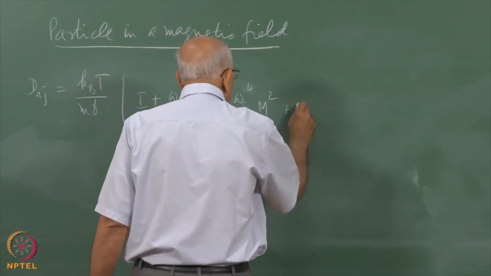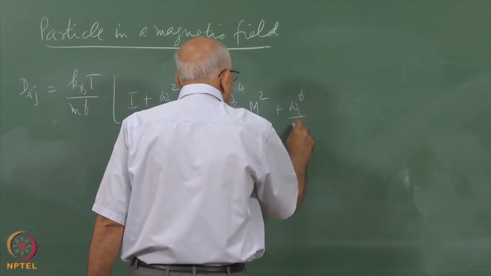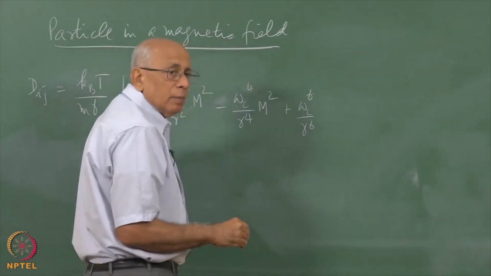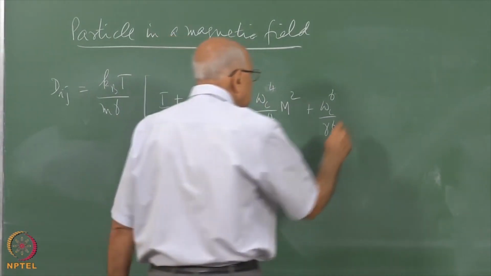Plus omega c to the 6 over gamma to the 6 m to the 6, but that is m cubed whole squared, and that is m squared.